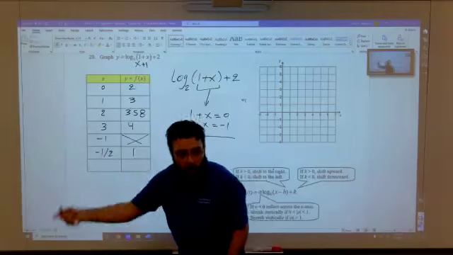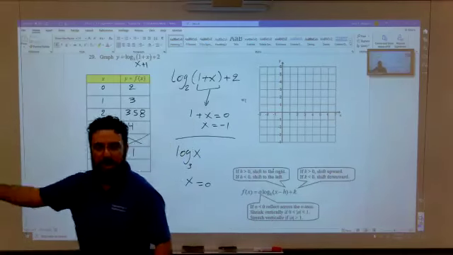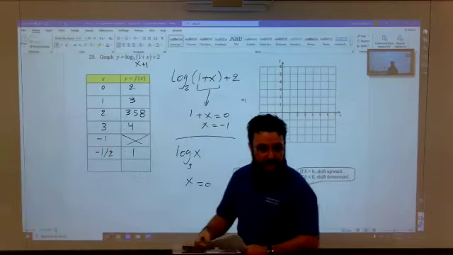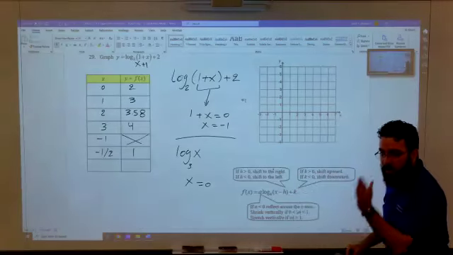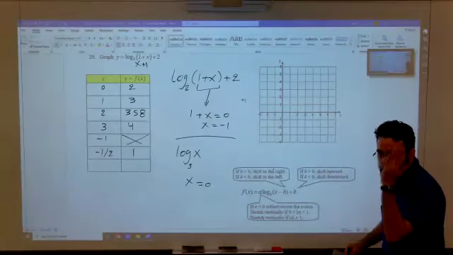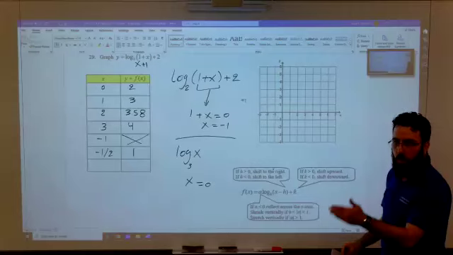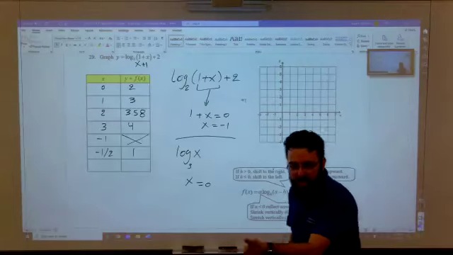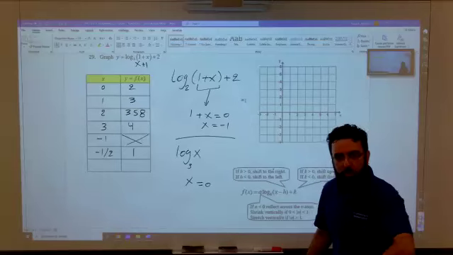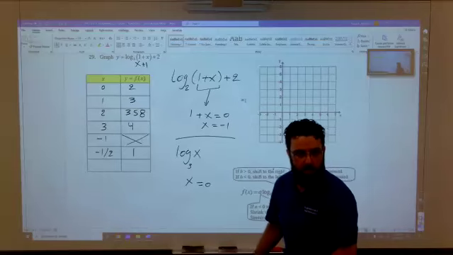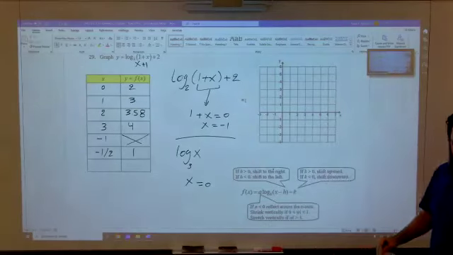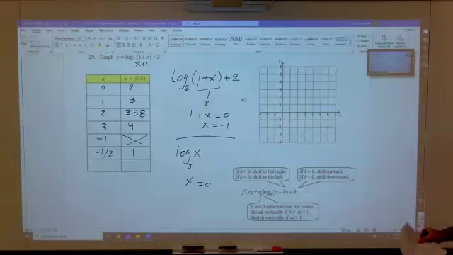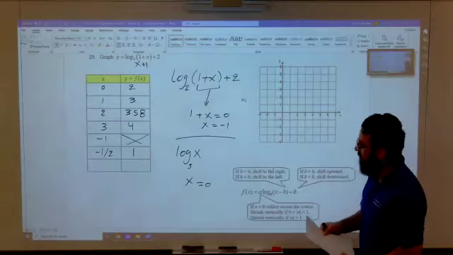I can choose 0. I can choose 1, 2, 3, and keep going. You get the idea? When you're graphing, what's the first thing? Locate where the asymptote is. Because I can't choose the asymptote. I can choose any number after the asymptote. Is that okay? It's easier to check where the domain is.